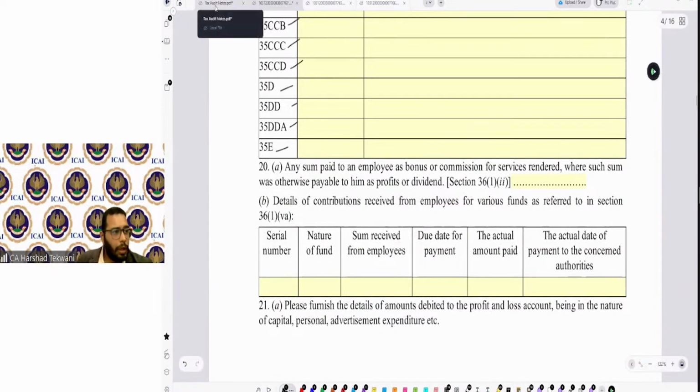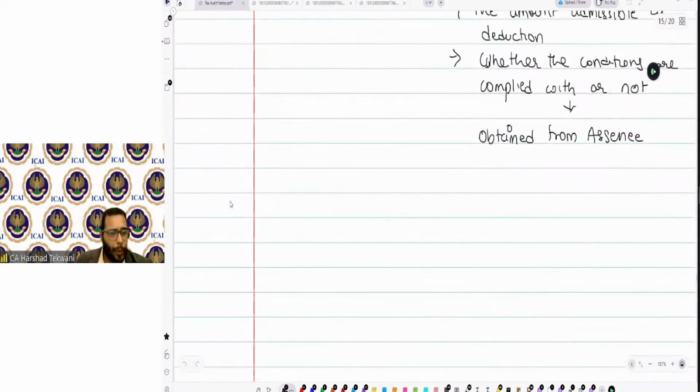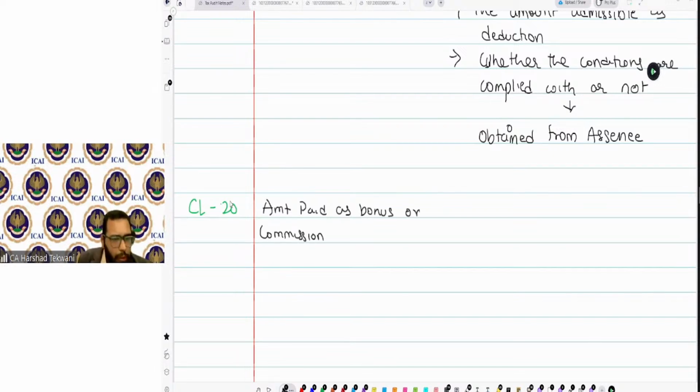Now, coming to the next clause, that is clause 20. Clause 20 talks about any sum paid to an employee as a bonus or commission for the services rendered, where such sum was otherwise payable to him as a profit or dividend.